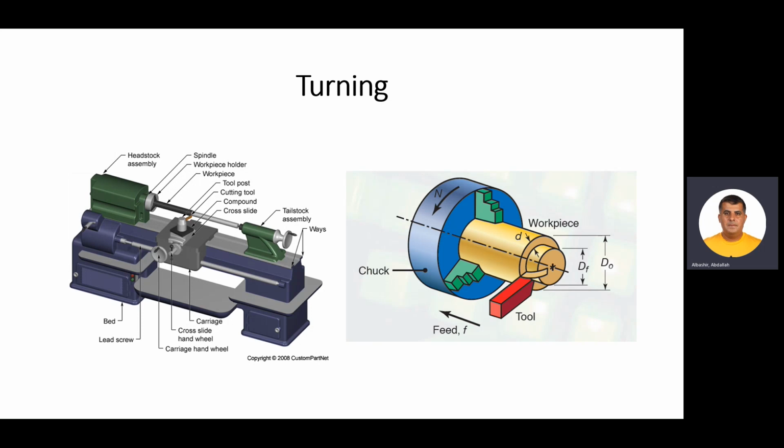You will find from down upward, you have the bed, okay, which holds all the machine. Then you'll find the carriage, which moves on the ways. Okay, you will find the headstock assembly and the tailstock assembly with all the parts that are engaged to it.